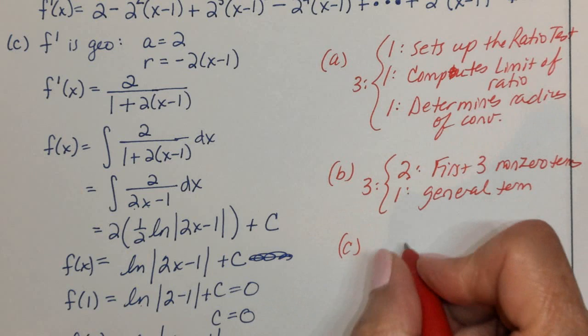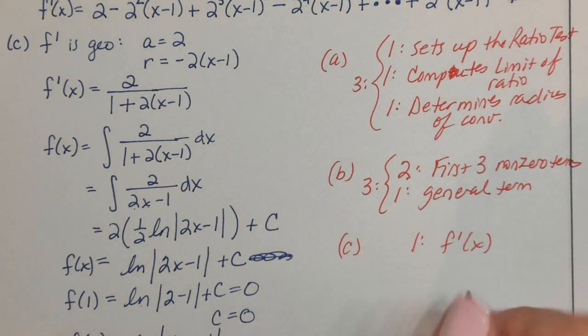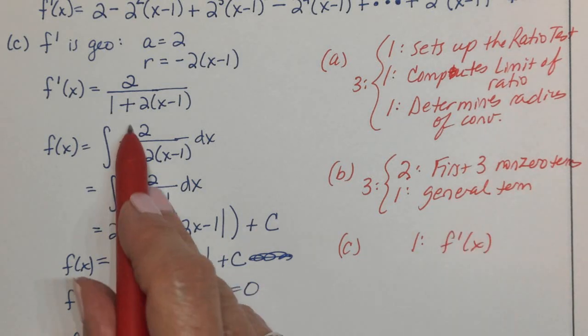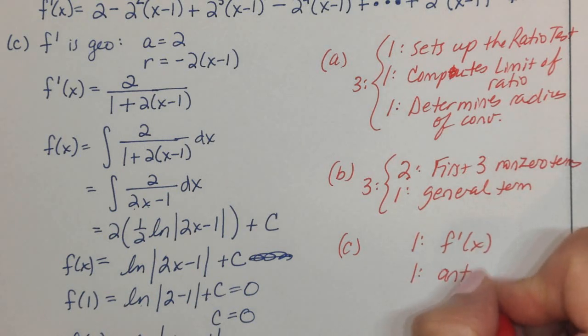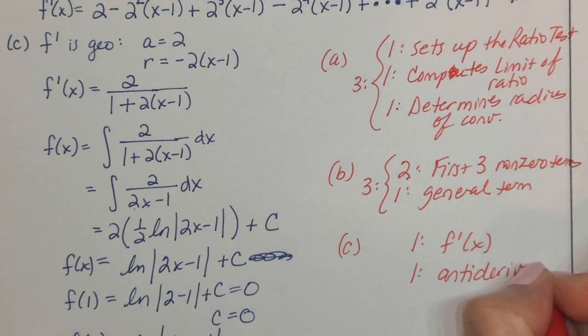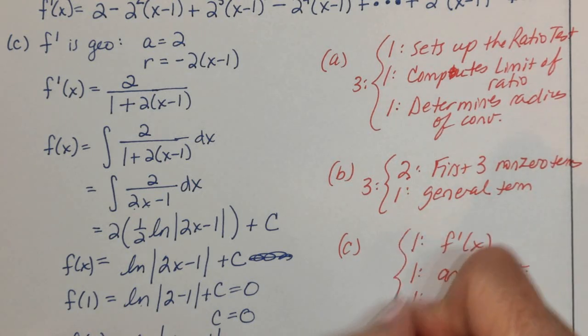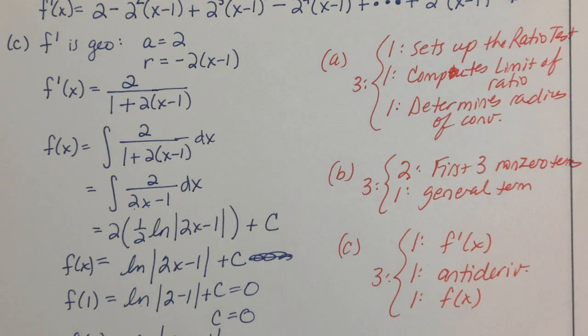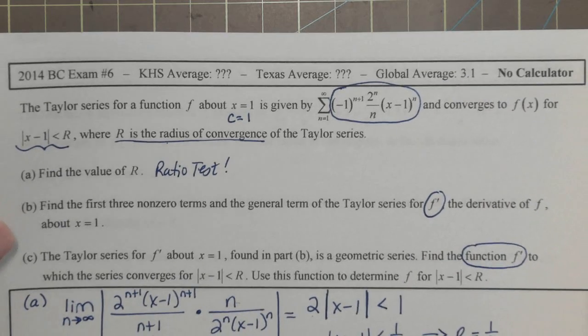Part C, 1 point for f prime of x, that function, and 1 point for the antiderivative, and 1 point for the function for f of x. So the global average was a 3.1 on that problem.